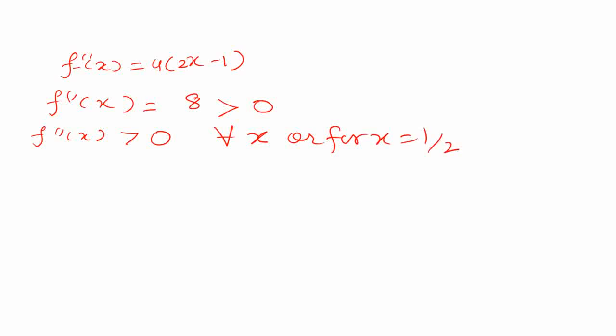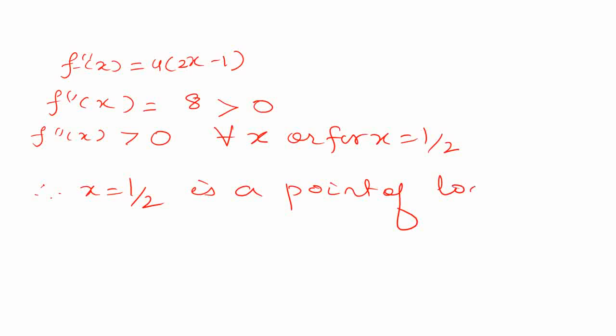So if it is positive, that means x equal to half is a point of local minima. So this is the point where minimum value of function exists.